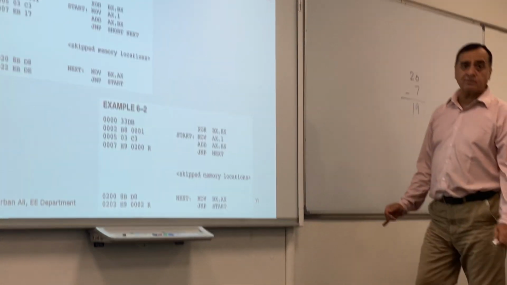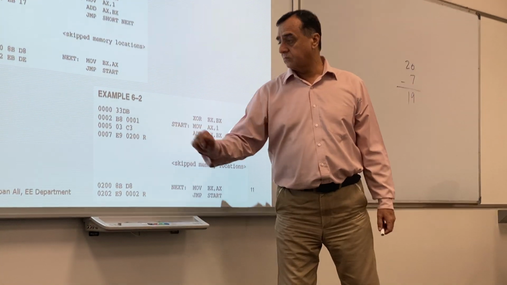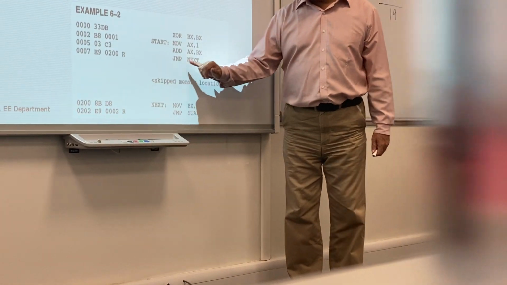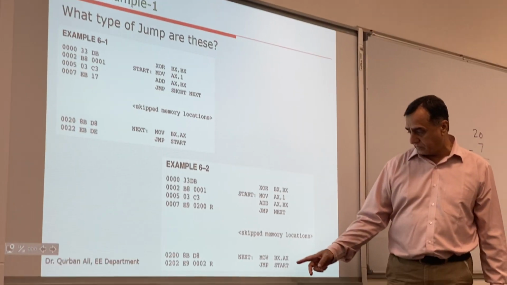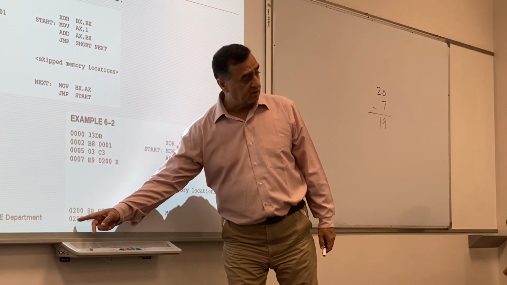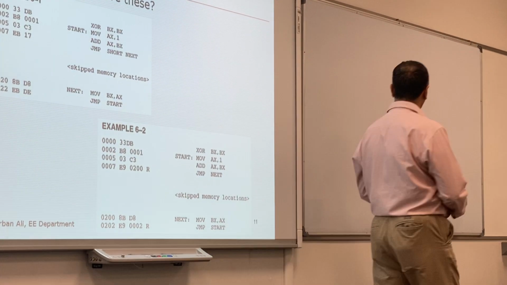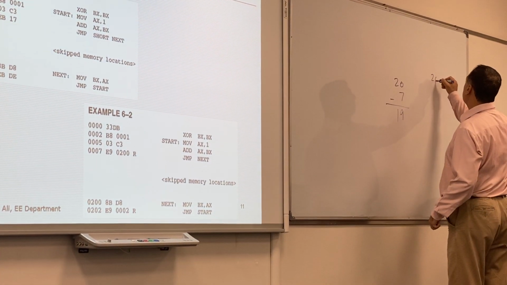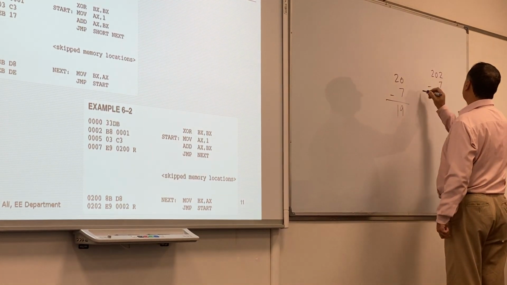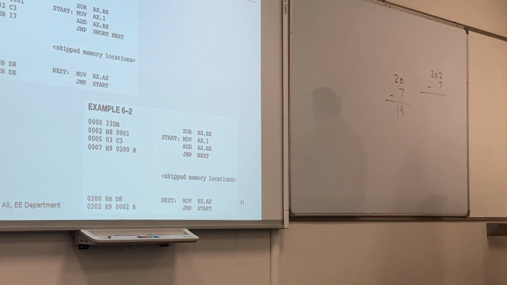Okay, how about example 6-2? Where are we jumping next to? Next, which is 202. So from 7 to 200.